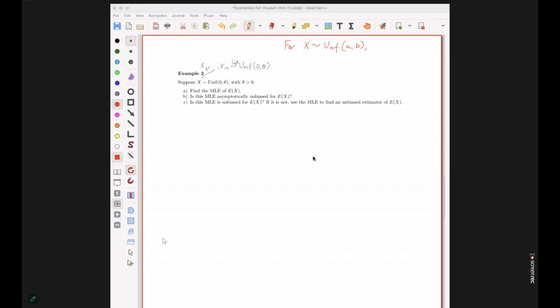What I'm asking about first is the density function for x.